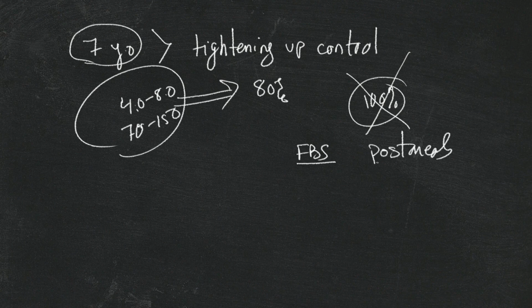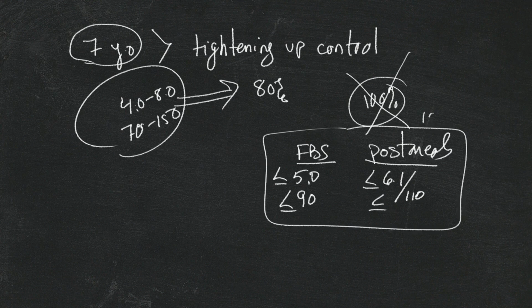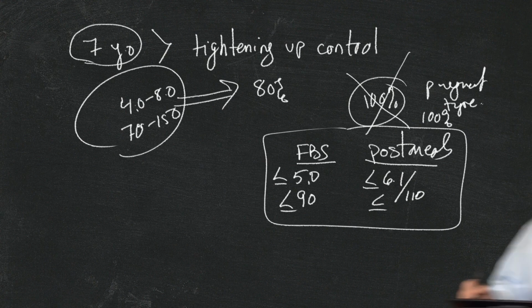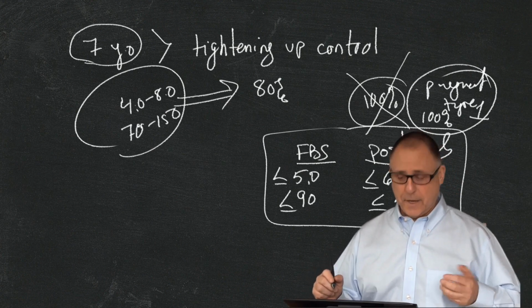They're totally in range, and usually their fasting blood sugars are 5.0 or 90 or below, and their post-meal blood sugars are usually 6.1 or 110 and below. That's very hard, and they do this 100% of the time if you're pregnant and you're type 1, which makes me want to get pregnant sometimes because that'll really push me to take care of myself.